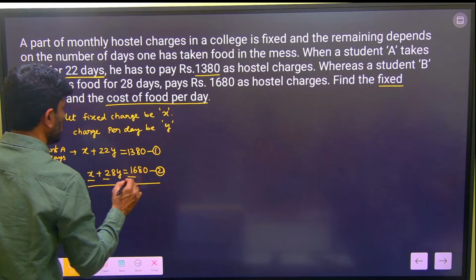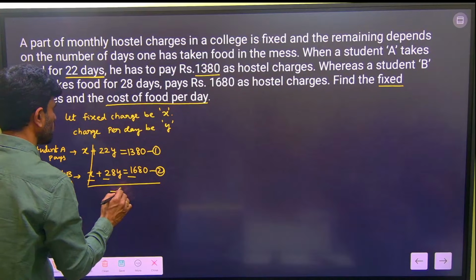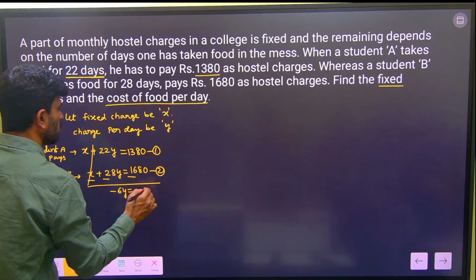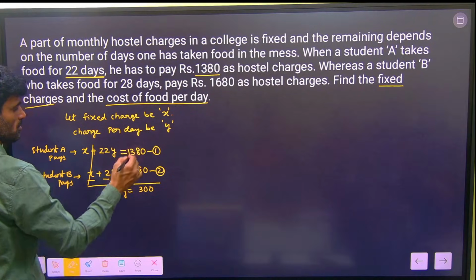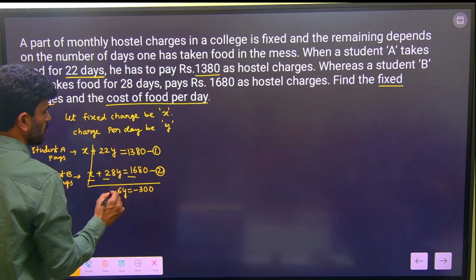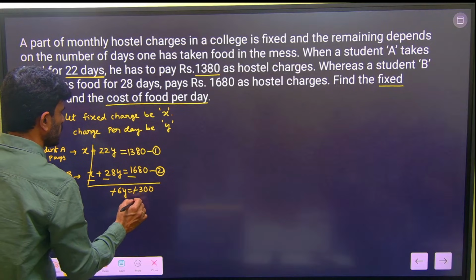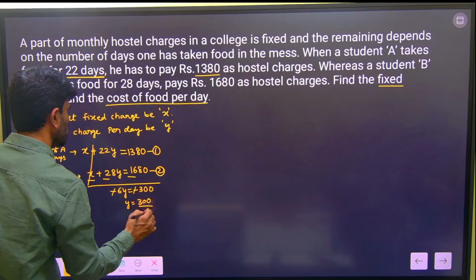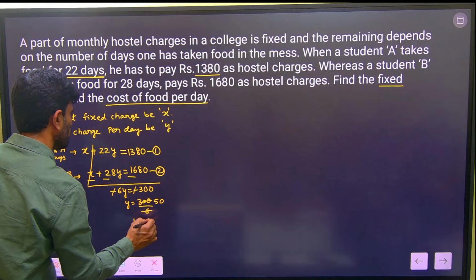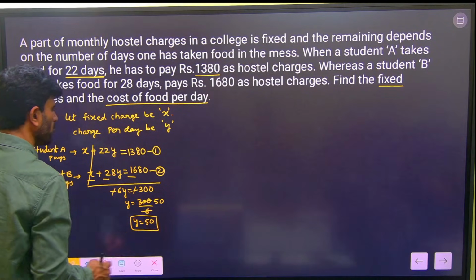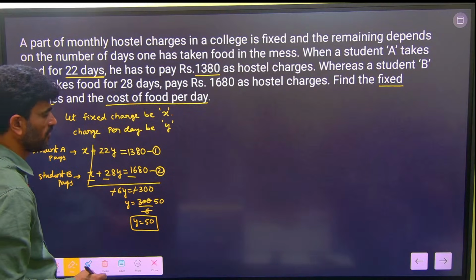Minus, minus, minus. These two will be cancelled. We get minus 6y is equal to minus 300. So minus minus cancel, y is equal to 300 by 6. This is a simple problem. y is equal to 50, so the charge per day is 50 rupees.